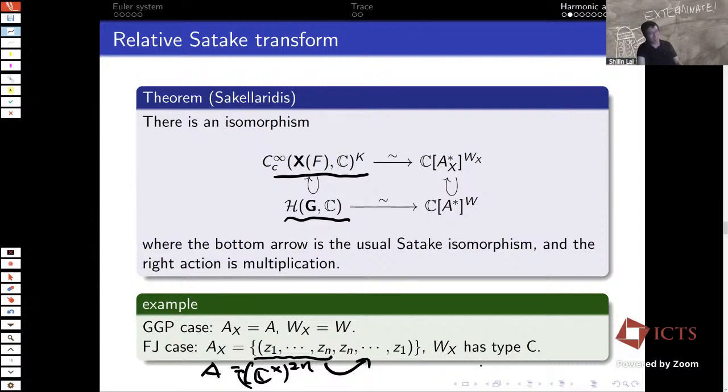And W_X is the Weyl group for the root system of type C. Again, this is because in the Fourier-Jacobi case, you are only seeing the symplectic representations. So all of those spherical root data have this additional requirement.